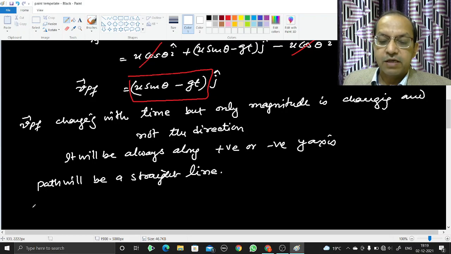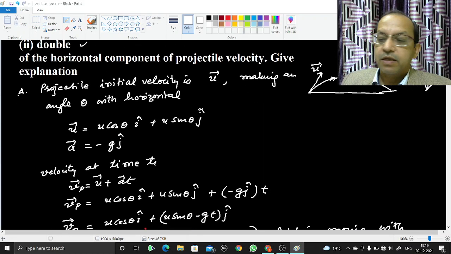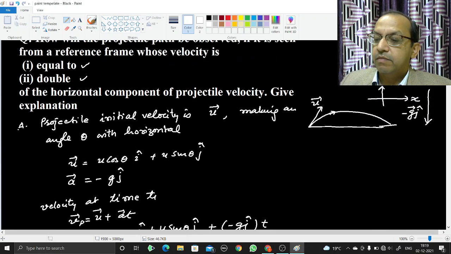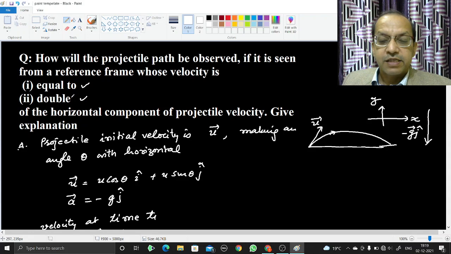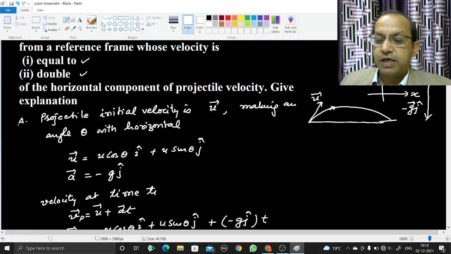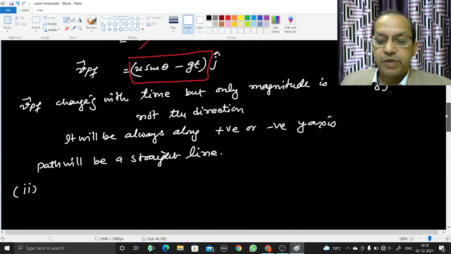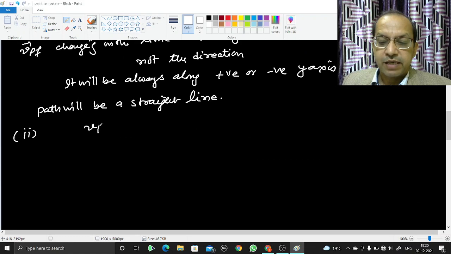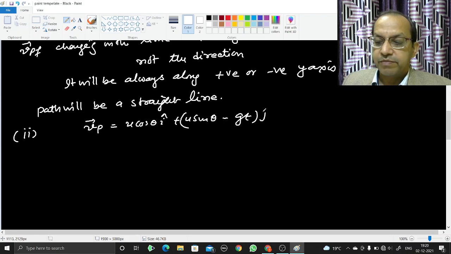Now we will solve the second part. The second part is when it is seen from a reference frame whose velocity is equal to double of the horizontal component of projectile velocity. vp is as we calculated earlier, u cos theta i cap plus u sin theta minus g t j cap.